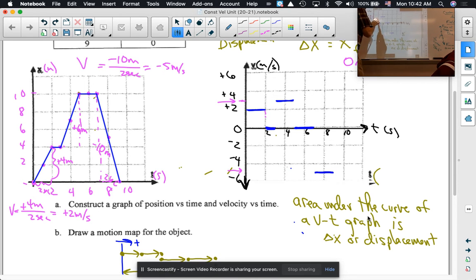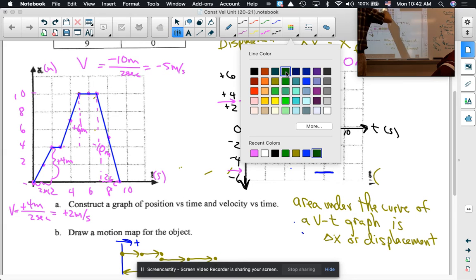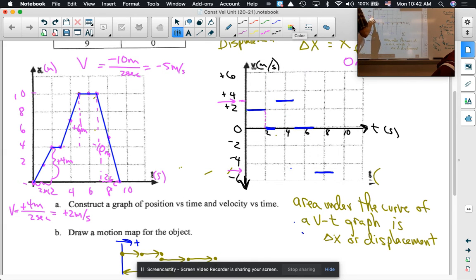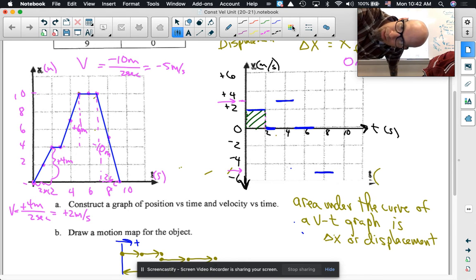Area under the curve. What I mean by that is this. Oh, I want a different color. Area under the curve. That little rectangle. By area, well, I realize that these aren't curved lines, but mathematically, we always say that any line on a graph is called a curve, whether it's straight or curved.